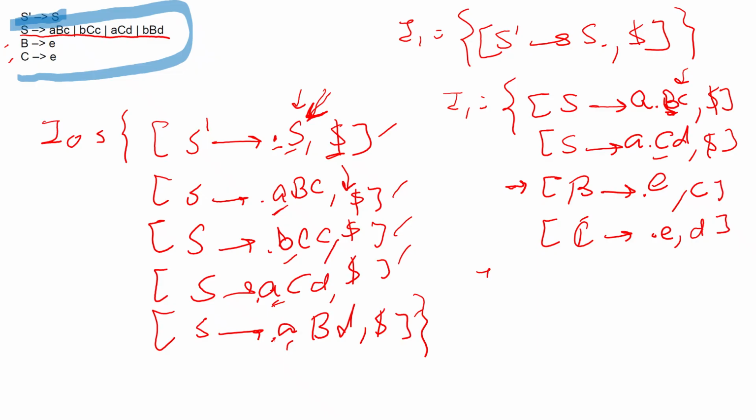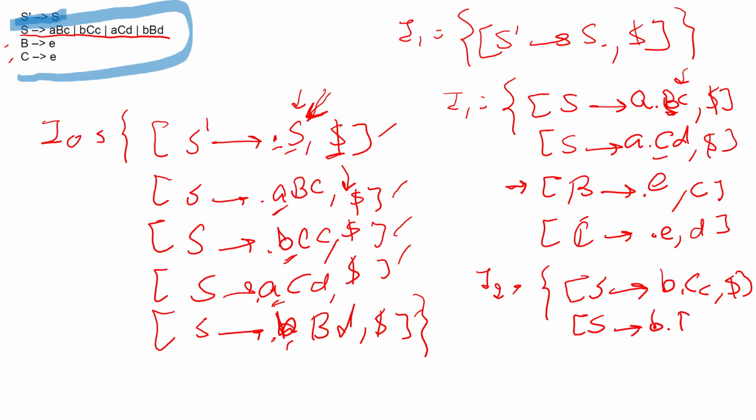Similarly for I3, for the B, we have 2 B's, so we take the 2 B's together. The first one will be B dot C small $, and the second one is S B dot B capital D comma $. Okay, nice.